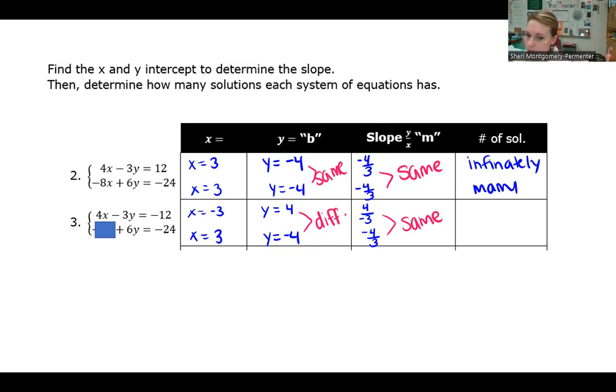So if you have two equations and they go through a different y-intercept, but they have the same slope, how many solutions are there? If they have the same slope, they are parallel. And if they're parallel, are parallel lines ever going to intersect? No, so there are no solutions.